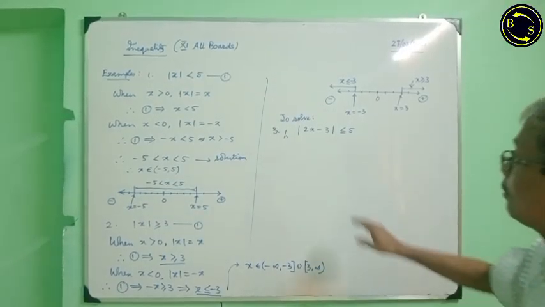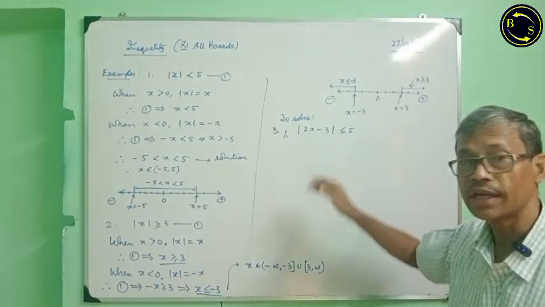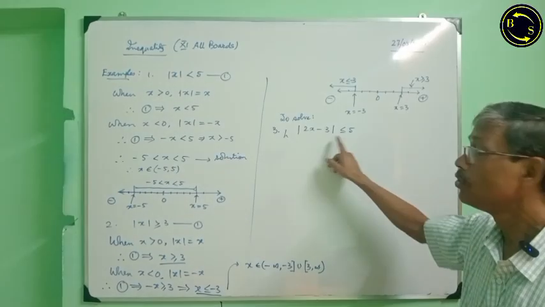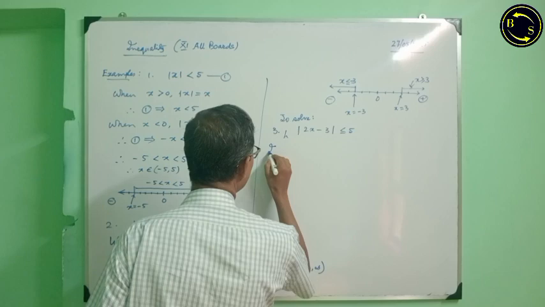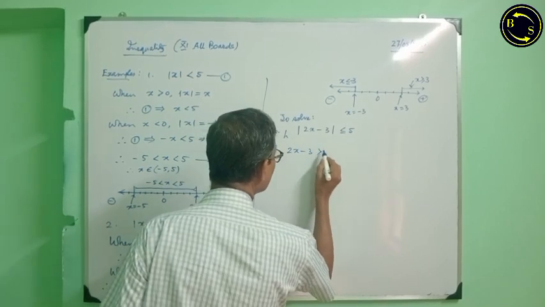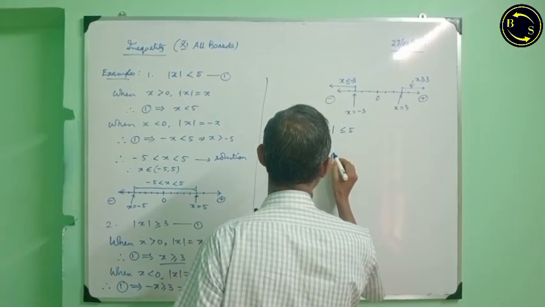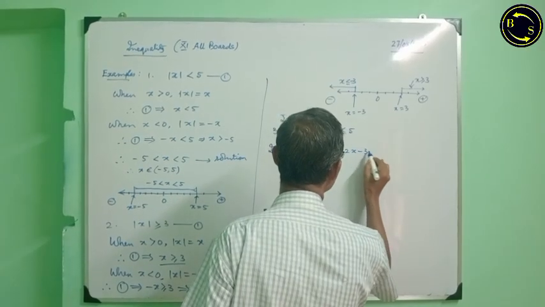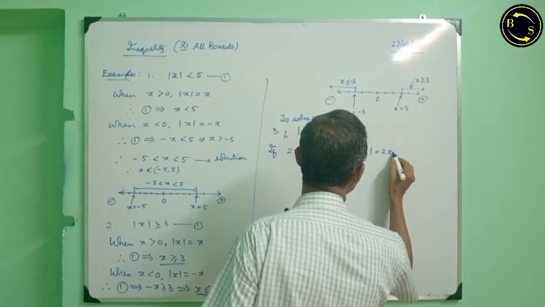Now to solve this inequation, first we have to convert that in inequality form only. This is modulus inequality form. For that, if 2x minus 3 greater than 0, modulus 2x minus 3 is equal to 2x minus 3.